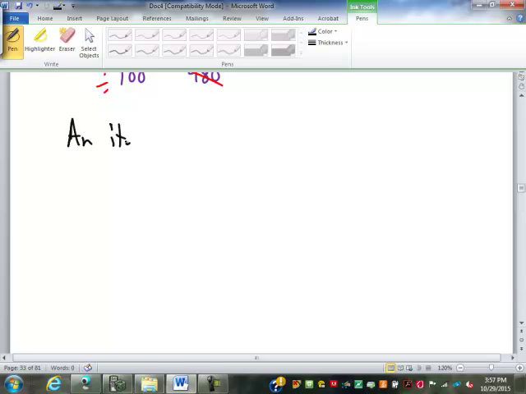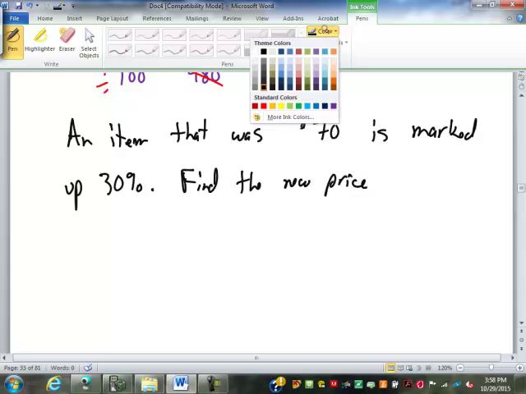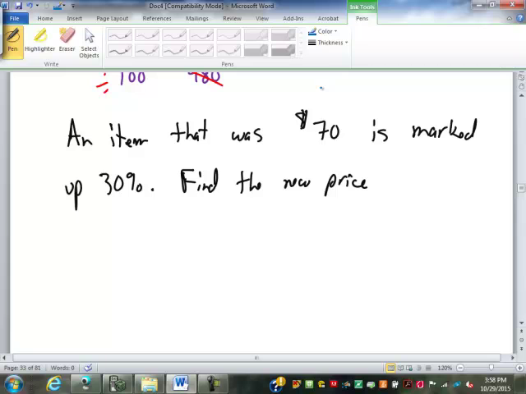Let's say an item that was $70 is marked up 30%. Find the new price. So here again, you could find 30% of 70, which is just 21, and add it on to get 91. Or, after the increase, it's going to be 130%.